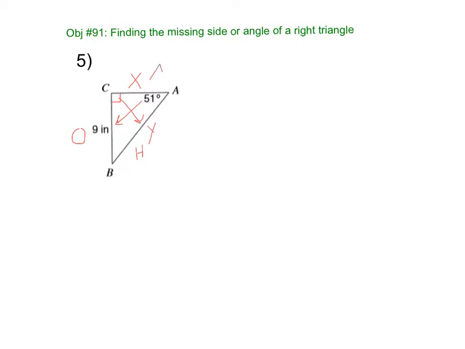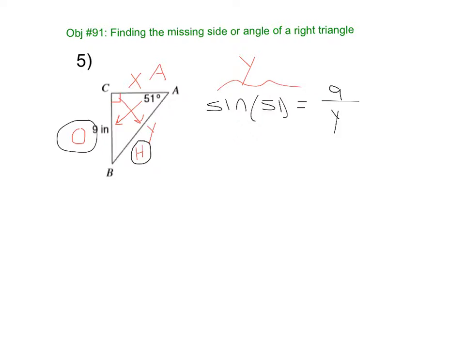And we have our adjacent. Let's find Y first. So to solve for Y, we've got our hypotenuse and our opposite. So that's sine. So sine of 51 equals opposite over hypotenuse.